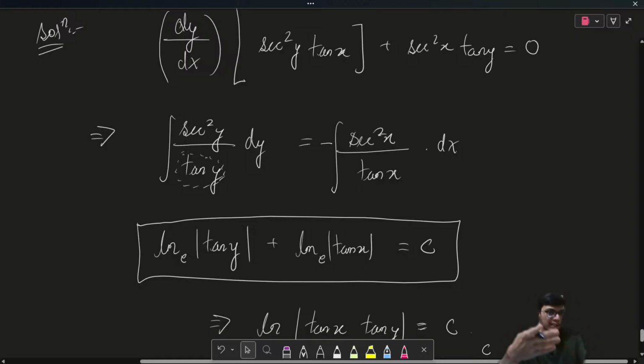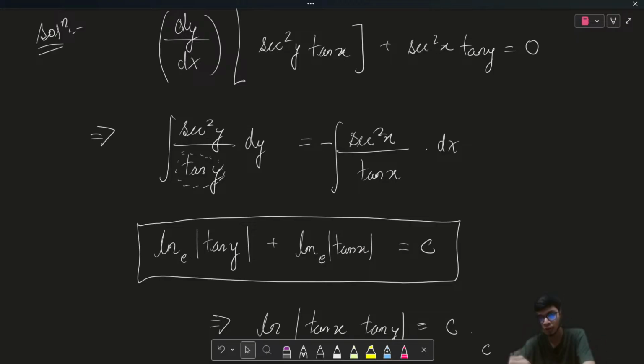Now, if I give you a certain condition, that is the initial value problem, that at x equal to 0 the value of y is equal to 0, then only am I able to get the value of the constant, right? So this will replace the value of the constant c over here, and ultimately I will get the particular solution.